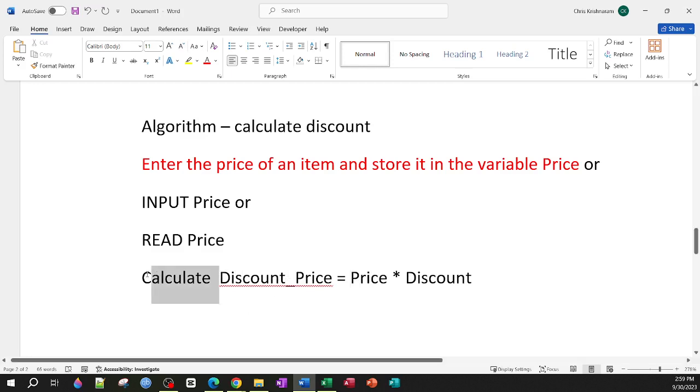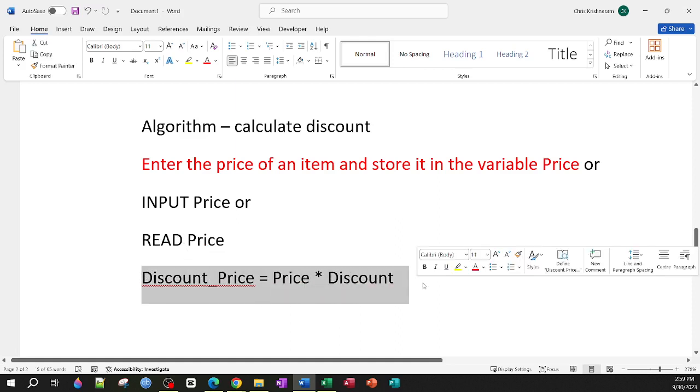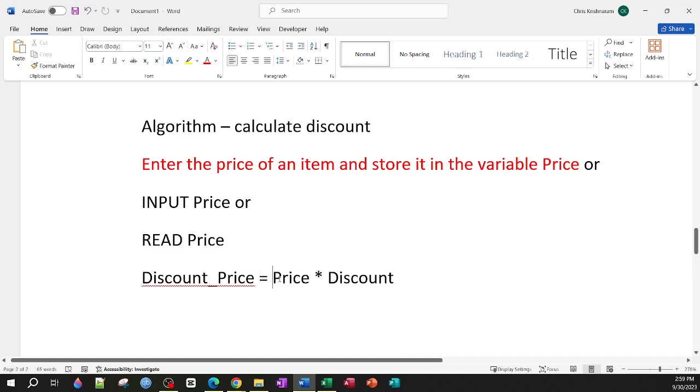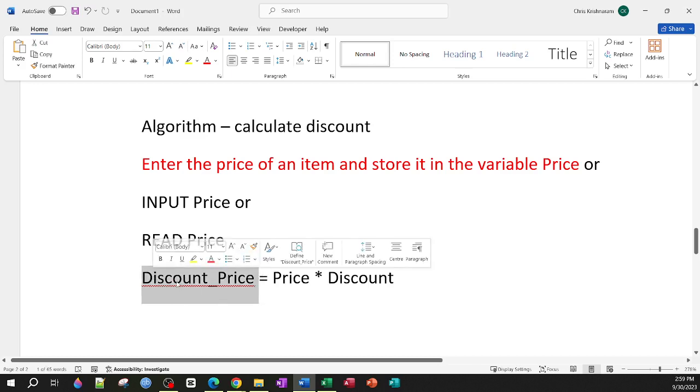So let me take out this calculator. So here we have a calculation, a processing going on. On the right hand side, remember we learned the right hand side gets calculated. We can say take price, whatever value is put into price, and multiply it by discount, whatever value is in this variable discount. When you're finished with that, store it into this variable called discount price.